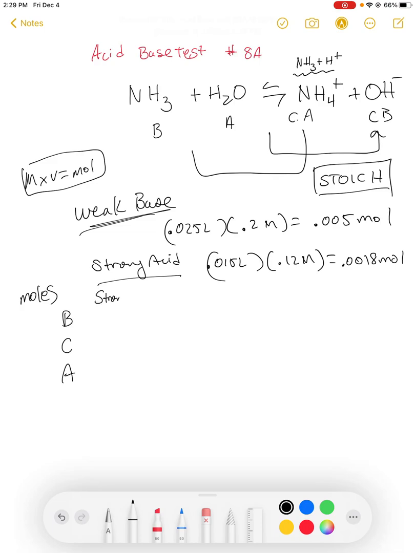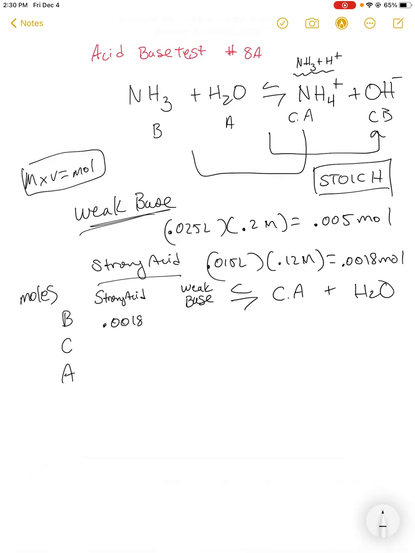So you've got your strong acid, you're mixing it with the weak base, it's in equilibrium, and so the weak base has a conjugate and some water. Okay, so your strong acid is 0.0018 moles. The weak base is 0.005 moles. And we've got 0 here, 0 here.